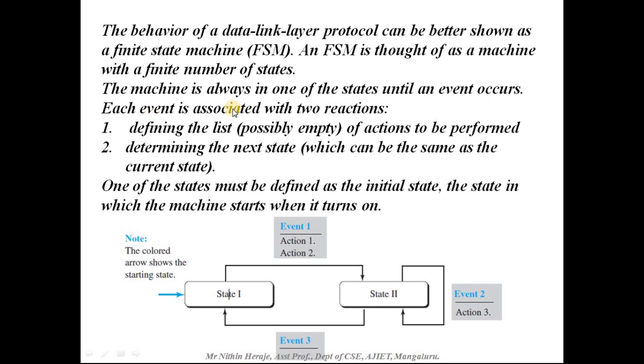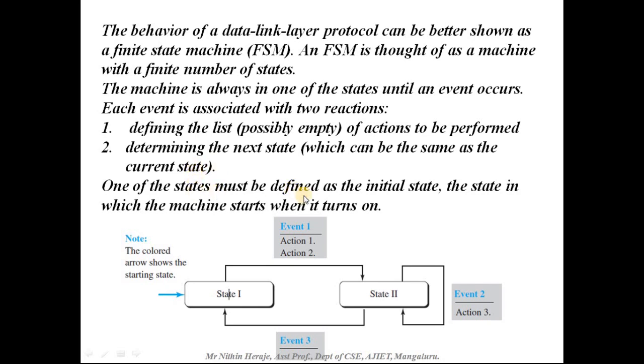Each event is associated with two reactions: first, defining the list of actions to be performed, and second, determining the next state. So when an event occurs, its first task is to decide what actions are to be performed, and then to which next state it should transfer.